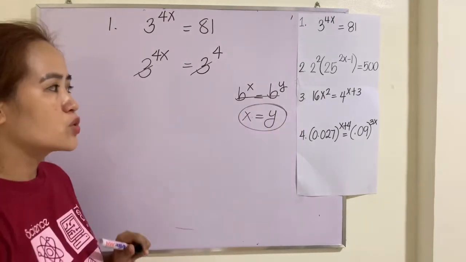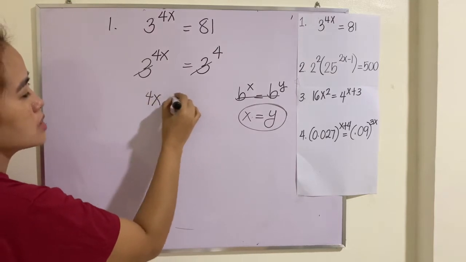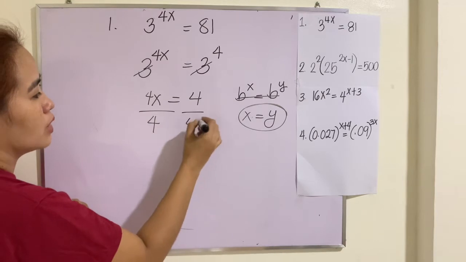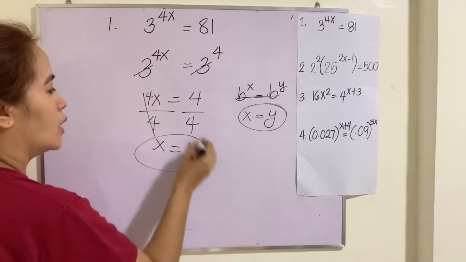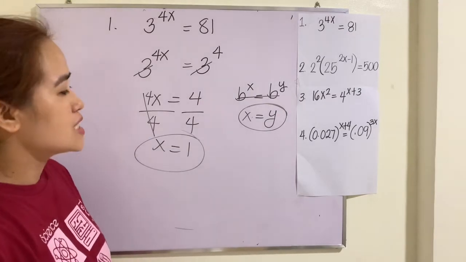So therefore, 4x is equal to 4. Solving for x, we divide by 4 on both sides. x is equal to 1. So the value of x in equation number 1 is 1.